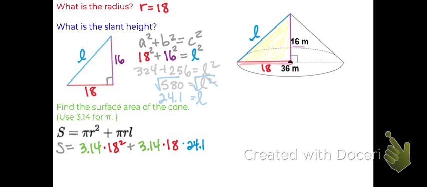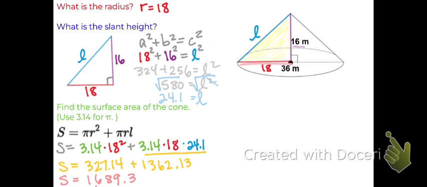Now, in order to simplify, you want to multiply these together first and then add. When I add them together, I get 1,689.3. And my label would be meters squared, because the units for area is always squared.